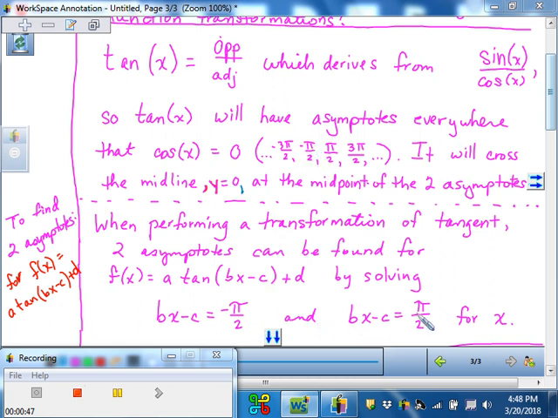And we can also solve for a second one, that is the next one over, which is pi over 2. If we solve for x, we'll be able to find out where those two asymptotes are located, and then from that we can follow the pattern and find additional ones. Go ahead and pause, copy this, and we'll continue on to talk a little bit about cotangent.